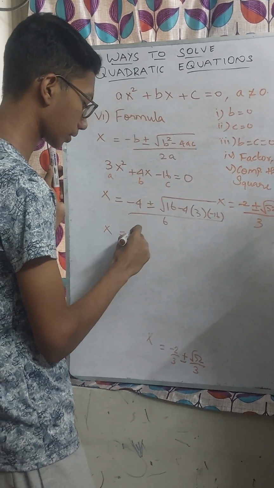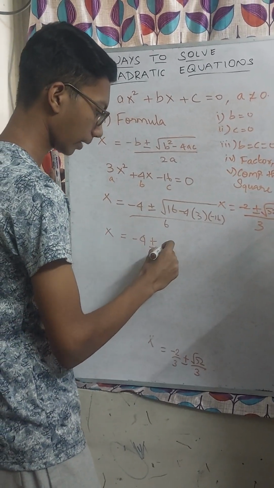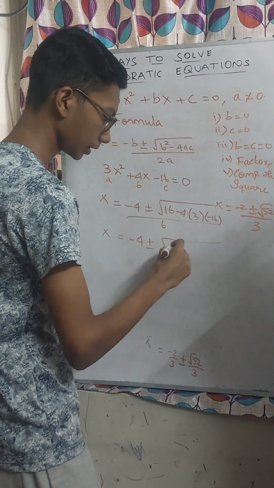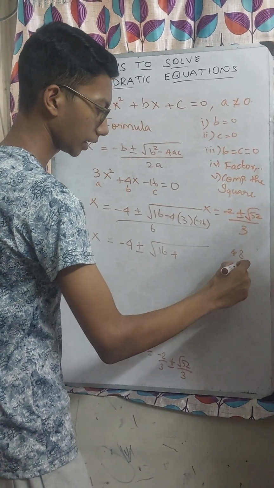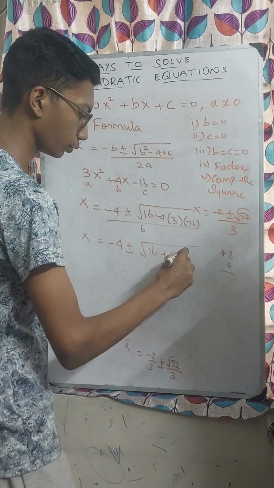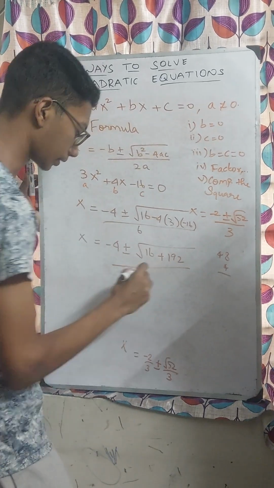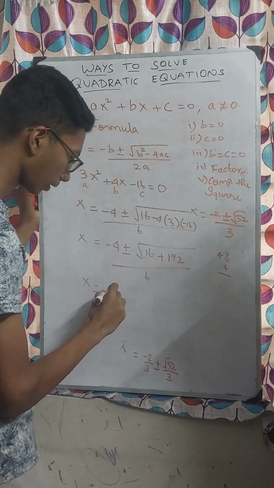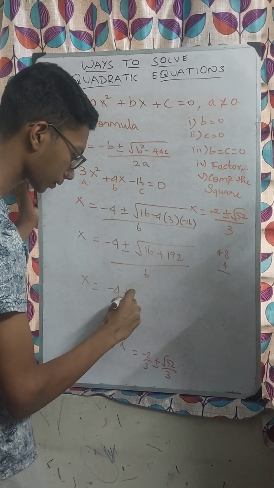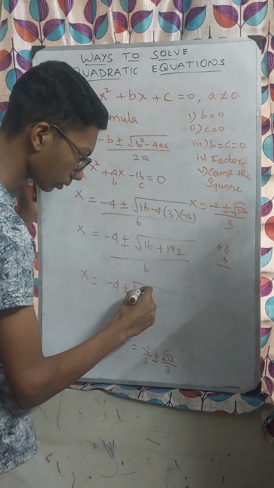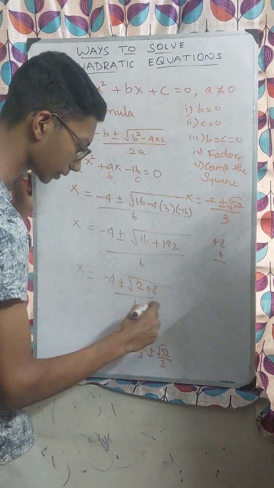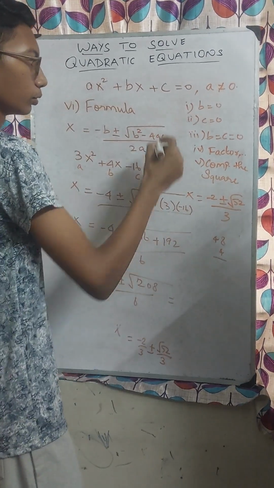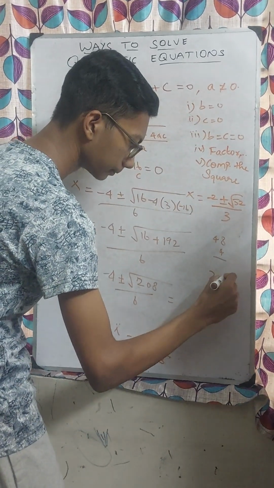So x = (-4 plus or minus √(16 + 16 times 3, which is 48, and 48 times 4 is 192))/6. So x = (-4 plus or minus √208)/6. What we need to do is factor 208.